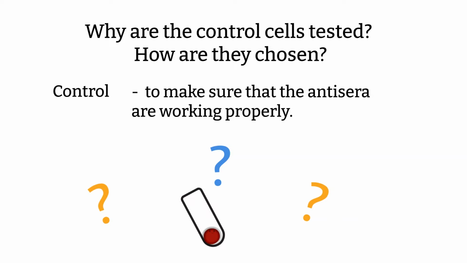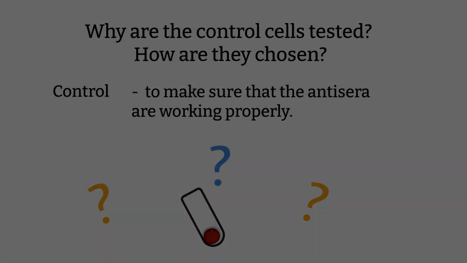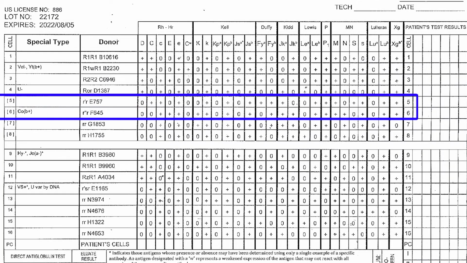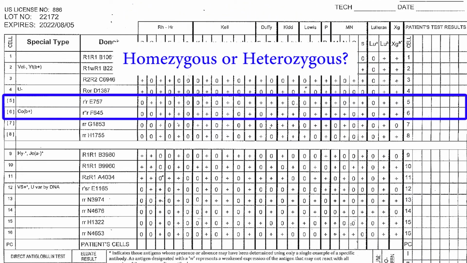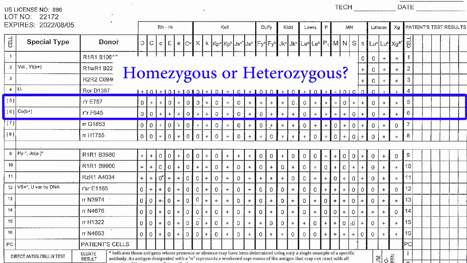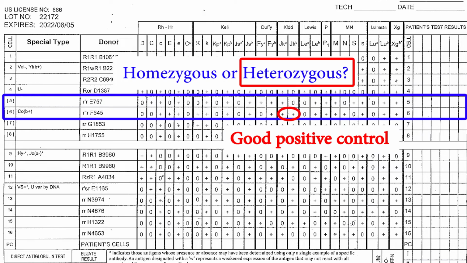With that in mind, which cells would you choose for the positive controls if you are testing Jka? Out of these two cells, which one would you choose as the positive control? Is a good control one with heterozygous or homozygous expression? That's correct.